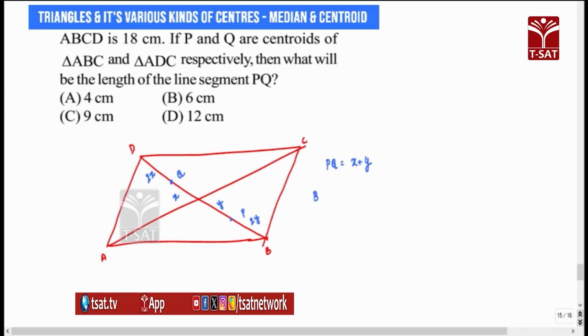Here BD is equal to 3x plus 3y, therefore 3 into x plus y. So, 3 into x plus y is given as 18, so x plus y is equal to 6 centimeters. So, the answer PQ is equal to 6 centimeters. Just remember, if P and Q are centroids, PQ is always 1/3 of the diagonal given.